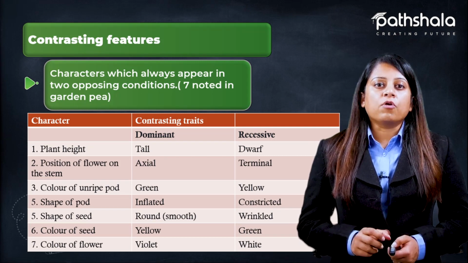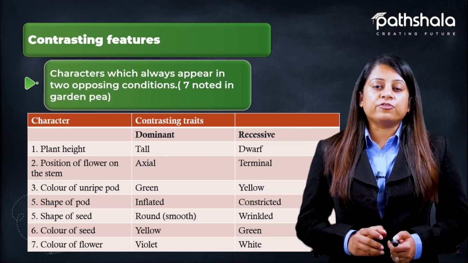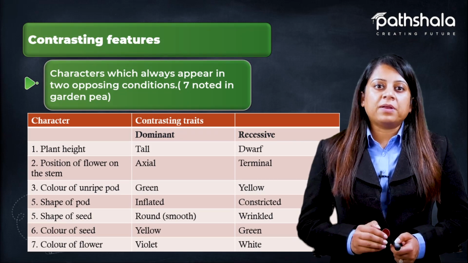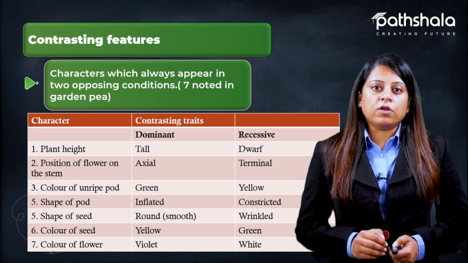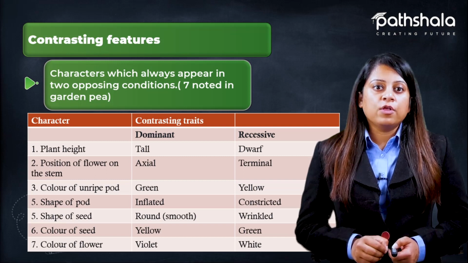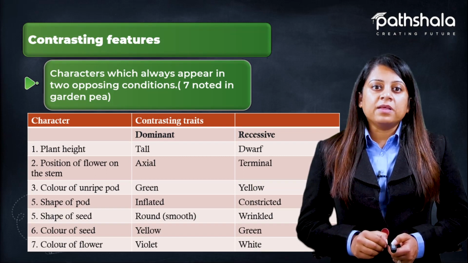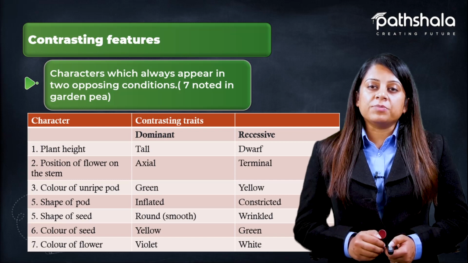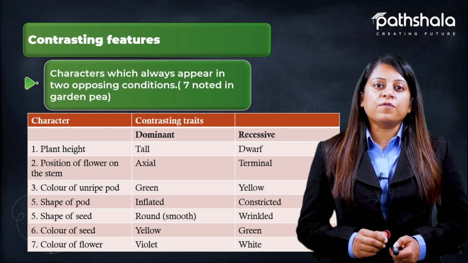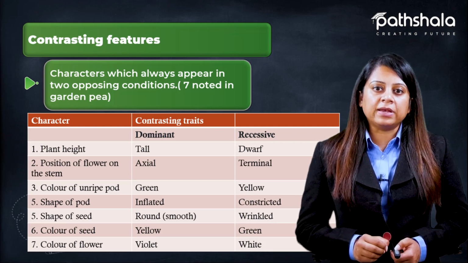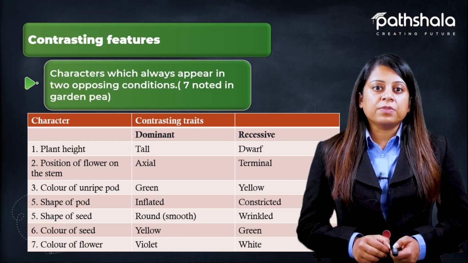So here, the contrasting traits that are seen as dominant and recessive are the plant height, the dominant being tall and the recessive being dwarf. Position of flower on the stem, axial in dominant and terminal in recessive. The color of unripe pod was green in dominant and yellow in recessive.